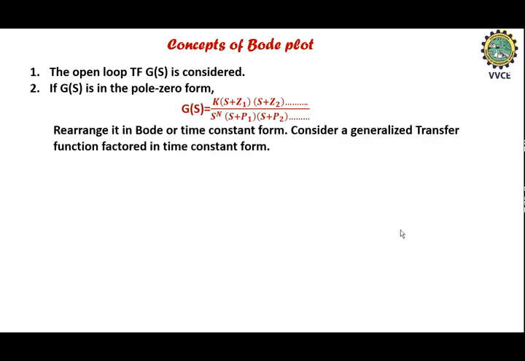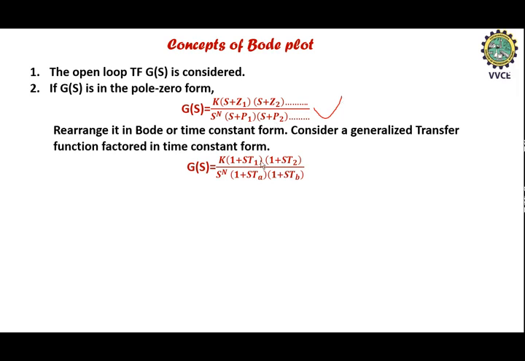And next, rearrange this in the time constant form or Bode form. All transfer functions will be in the pole-zero form, that is K into (s plus 1)(s plus 2)(s plus 3), like that. But in order to plot the Bode plot, we need to rearrange this expression in the time constant form, that is, G(s) equals K into (1 plus sT1)(1 plus sT2).